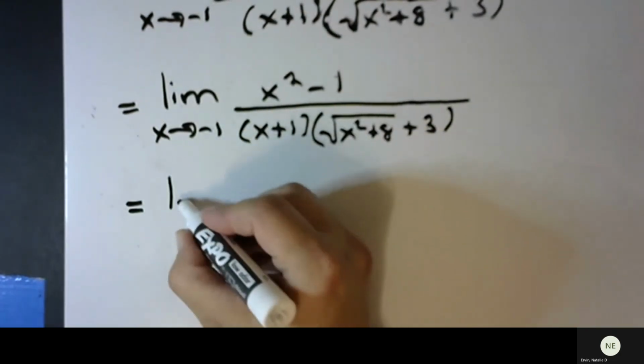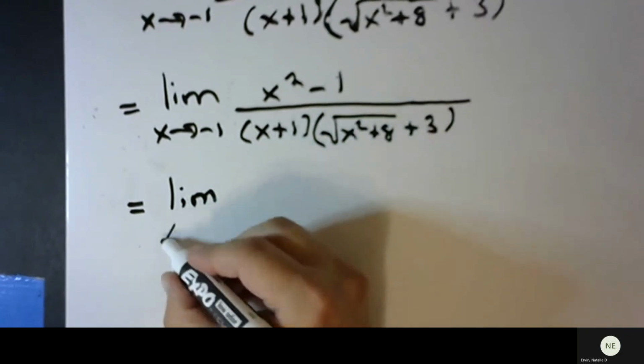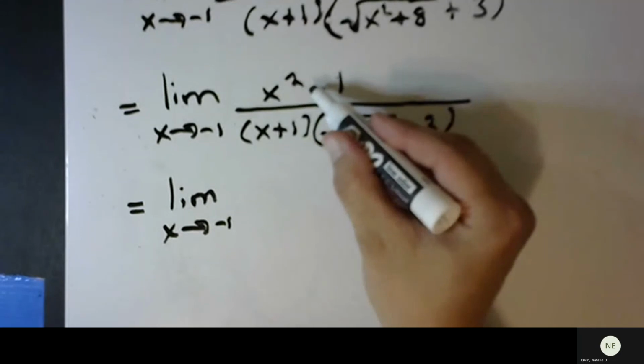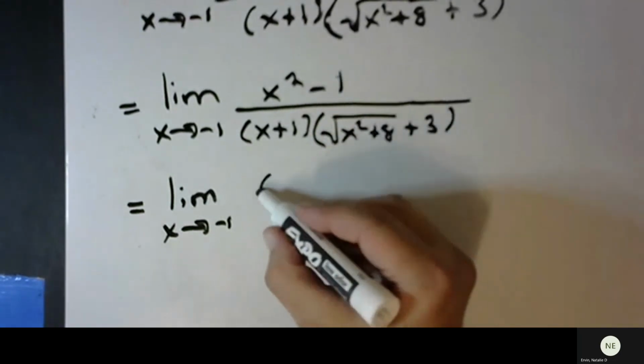And sure enough, this is a difference of squares because 1 squared is 1.